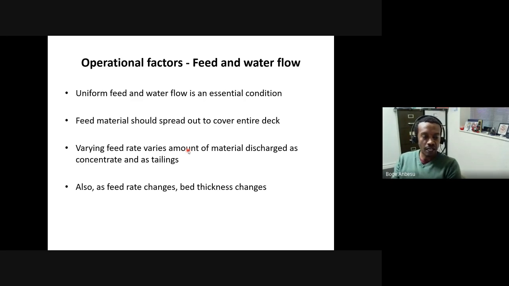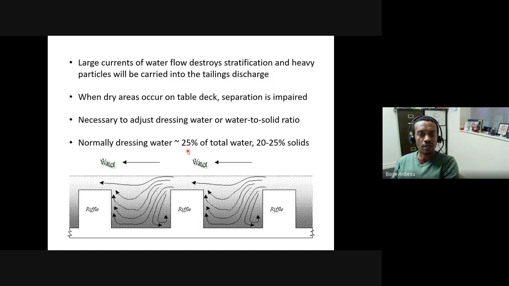So in this case, the capacity of the table and the quality of the concentrate you get will be impacted. So as much as possible, the feed rate needs to be uniform to be able to get a uniform thickness of particles on the table, and therefore you get a uniform stratification in the riffles on the table, so that you maximize the performance of the table.